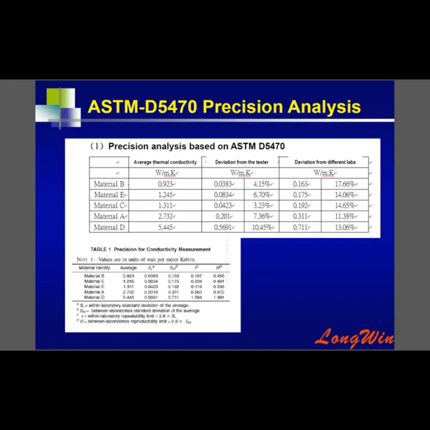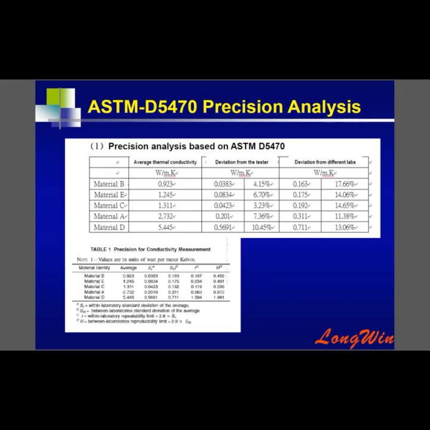Now we are going to talk about the precision analysis of ASTM D5470 standard. People could have a very high expectation of this test method and expect that the thermal conductivity could have a very low deviation, maybe 1 or 2 or 3%, but in fact it's not the case. This is the result from the standard itself.